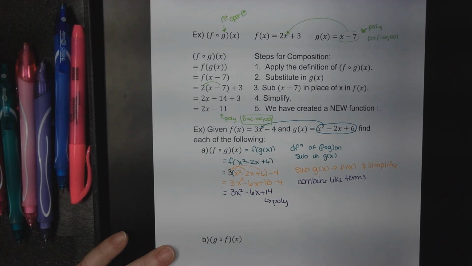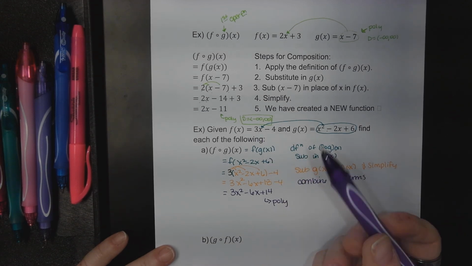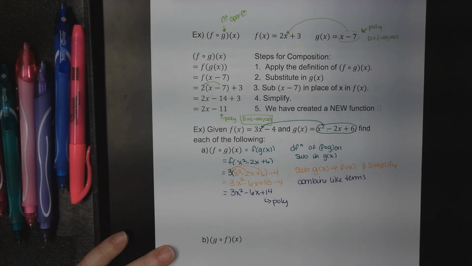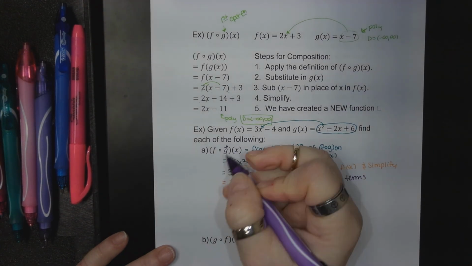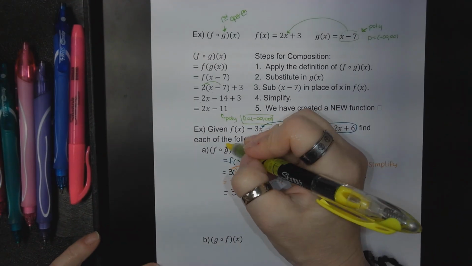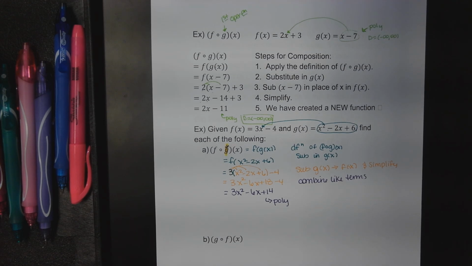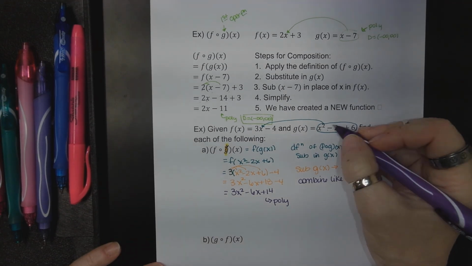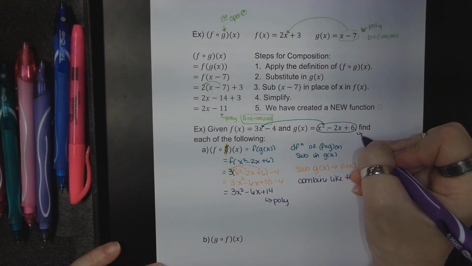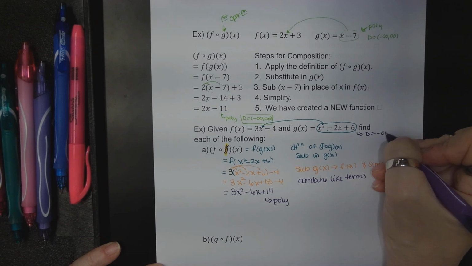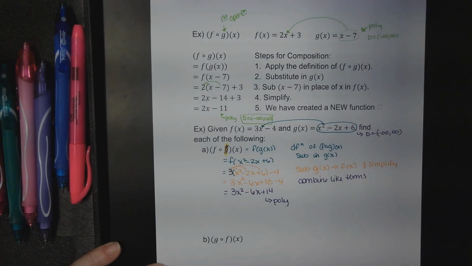But to check out the domain, we have to first look and see which one was our first operating function. Well, we look at the one on the right. That's our first operating function. So we look at G. Well, it was a polynomial, so its domain was negative infinity to infinity, all real numbers, right?